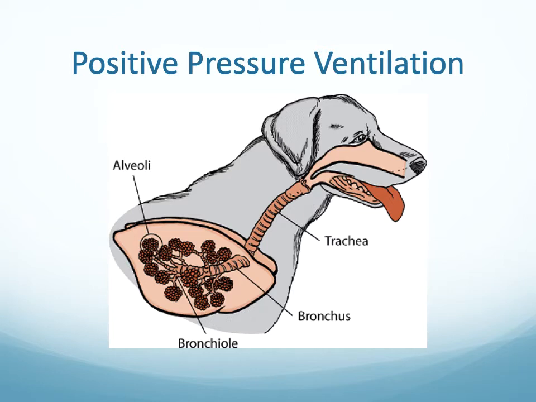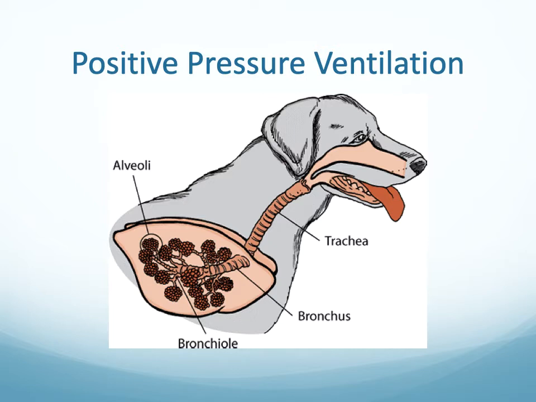You use positive pressure ventilation either with manual ventilation or mechanical ventilation, and manual ventilation is what we do with basic CPR, where we've got an ambu bag or a rebreathing bag from the anesthetic machine, and we squeeze that bag to inflate the lungs.